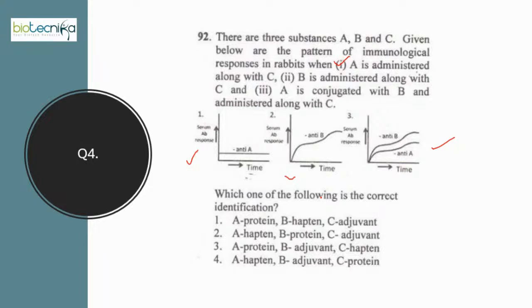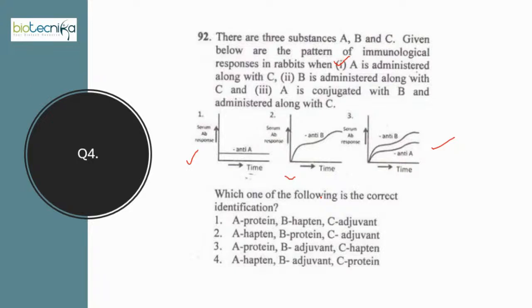Now here comes the option. Some very small molecules can work as haptens. They can bind to your antibodies or the B cell receptor, but they cannot initiate the immune response. Understood? So all antigens may not be immunogens, because some of them can become haptens.